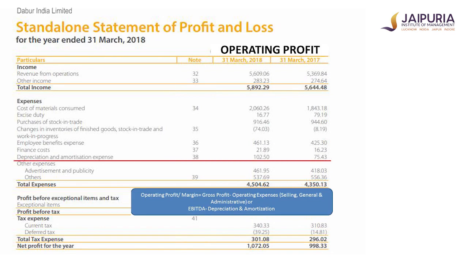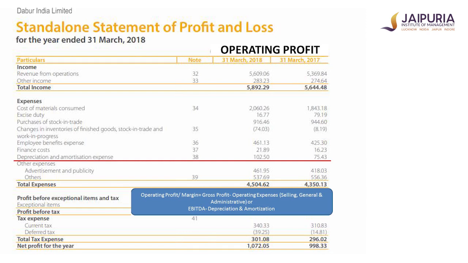Operating profit is the surplus generated by the normal operations of the company. This is a measure of operational efficiency of the company. The company, irrespective of the method of financing, earns this amount. Depreciation and amortization are deducted from EBITDA to arrive at operating profit, that is EBIT, earning before interest and tax, or you can say profit before interest and tax.